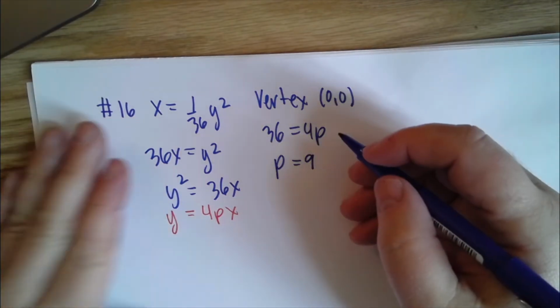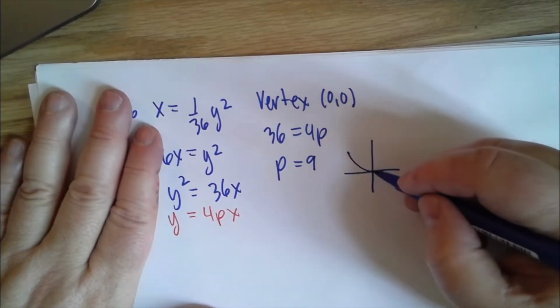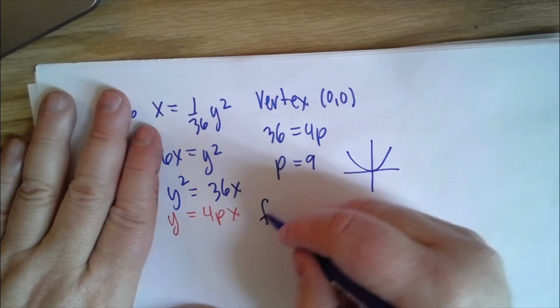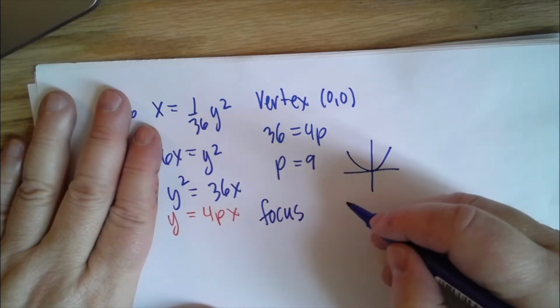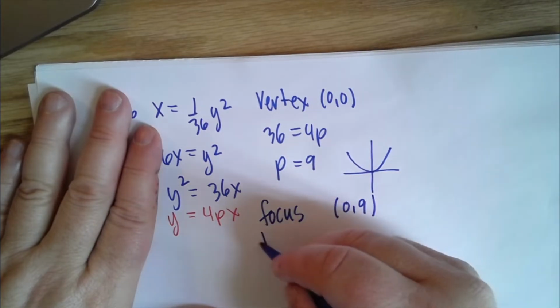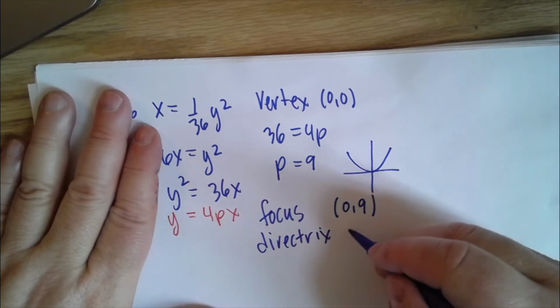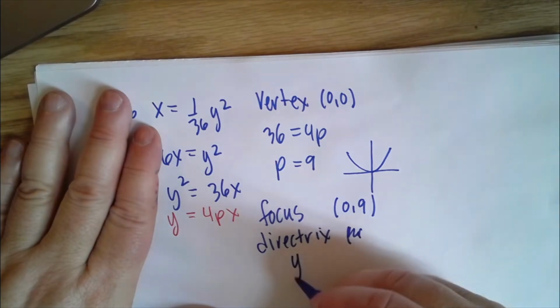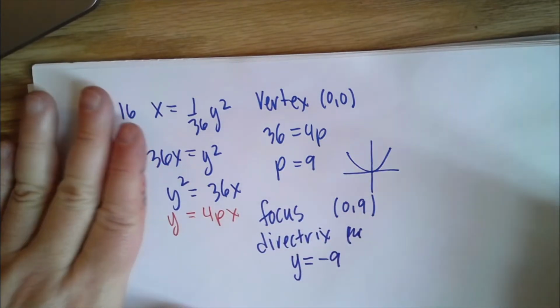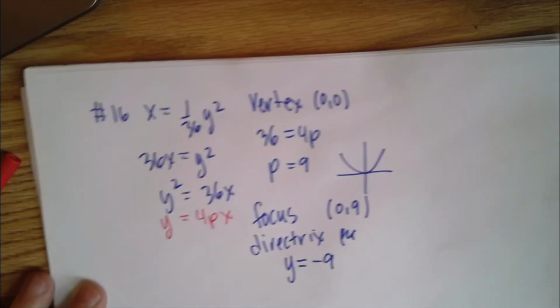Now this is positive, so that means my parabola is opening up. So my focus would be at 0, 9, and my directrix would be at, well, it's not a point, it's a line. Let's try that again.